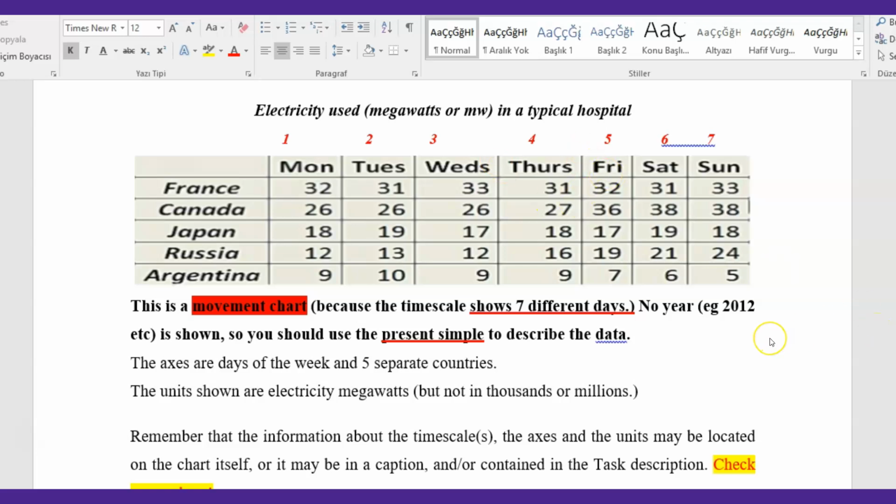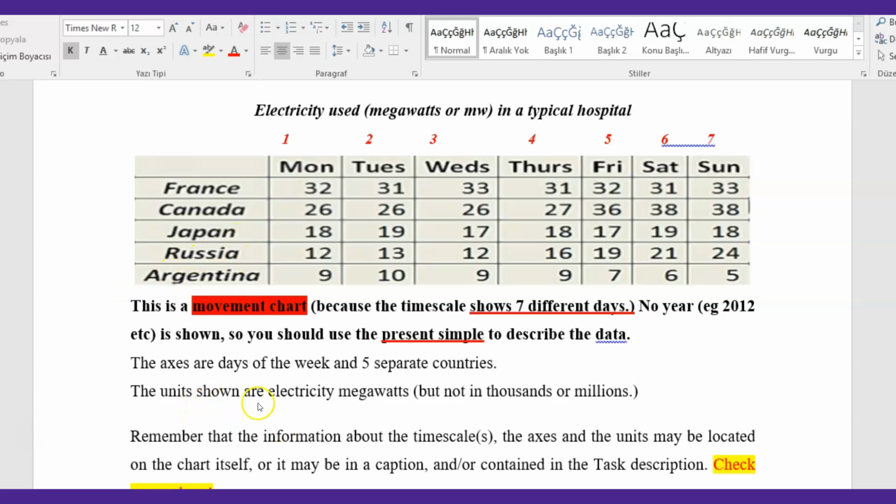No year is shown, so you should use the present simple to describe the data, okay? There is no year. For writing this kind of question, to be able to write the answer, you have to use the present simple tense. The axes are days of the week and 5 separate countries: France, Canada, Japan, Russia, Argentina.